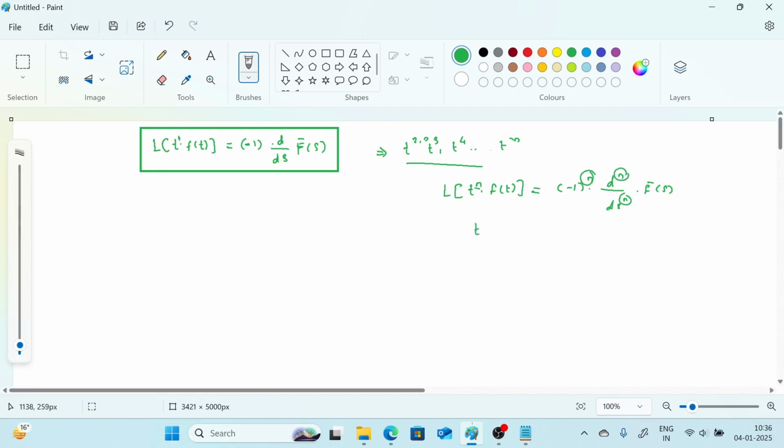Suppose you have t raised to 2, then you apply minus 1 raised to 2, where n is 2, and d squared by ds squared, meaning differentiating it 2 times, first time and then second time. Similarly, if it is 3, you take n as 3 and differentiate it 3 times. Like that you have to apply this formula.